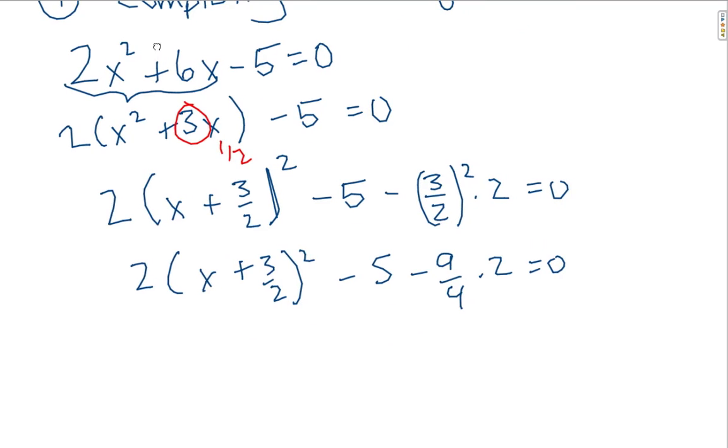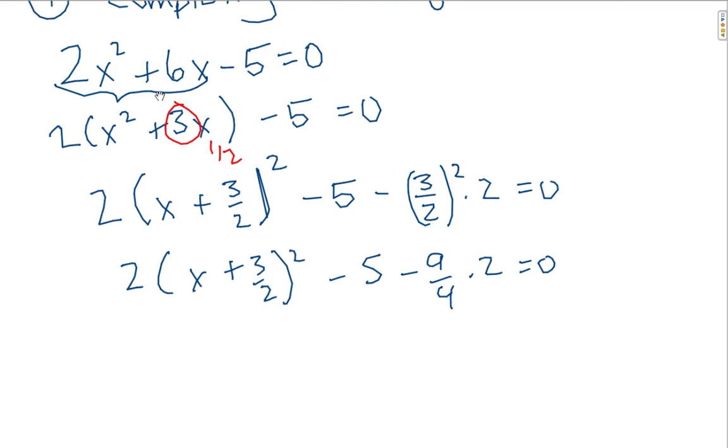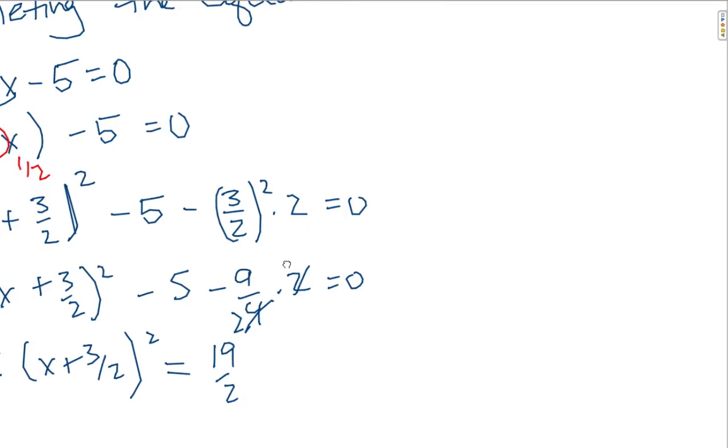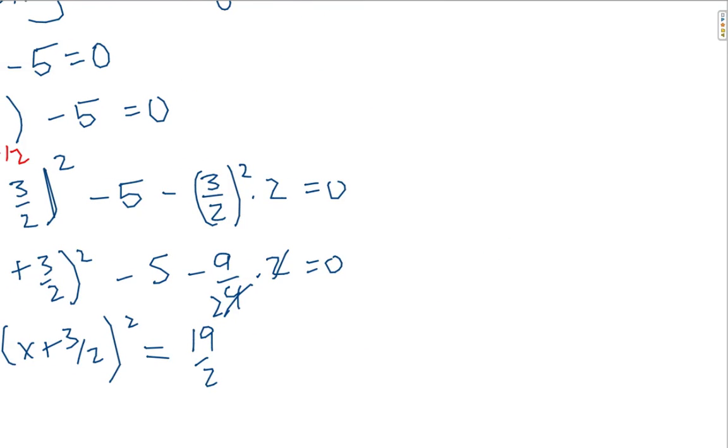Keep on going. I get 2 times (x plus 3 halves) squared. That becomes a 2, so this is 10 halves, so negative 19 halves. Bring it over, it'll be positive. Divide by 2. I'm going to have to go over to the right side because I'm running out of space.